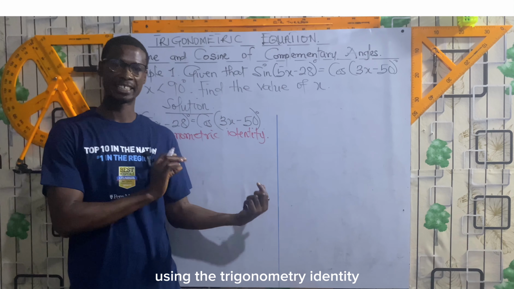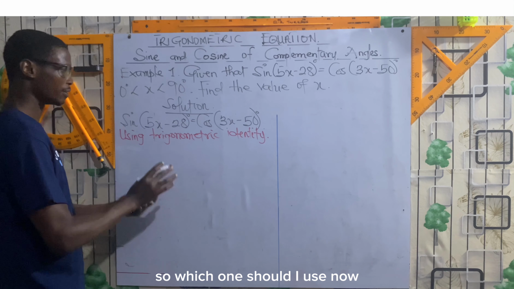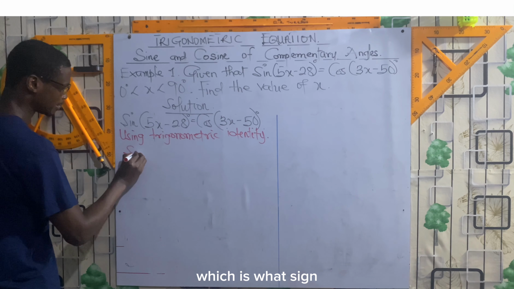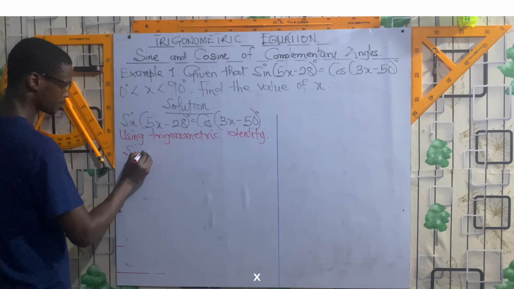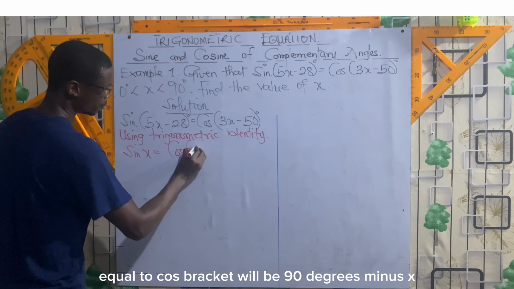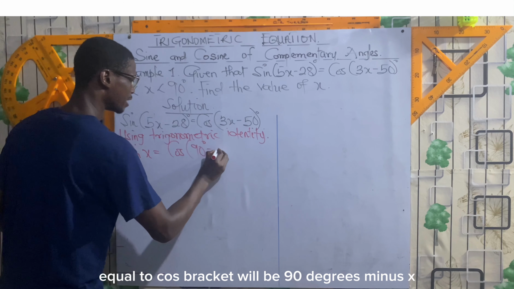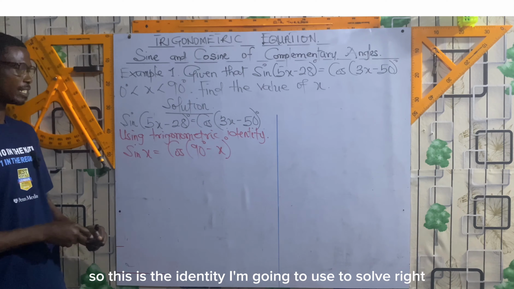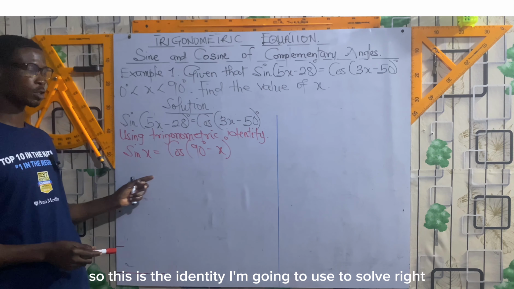So which one should I use now? I'll go with the first one, which is sine x equals cos (90 degrees minus x). So this is the identity I'm going to use to solve.